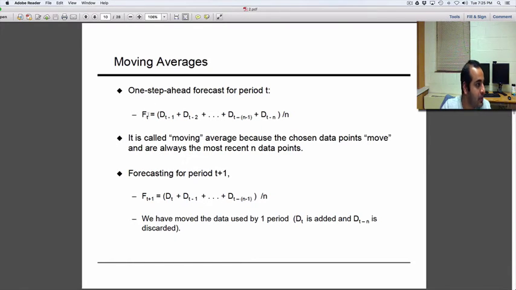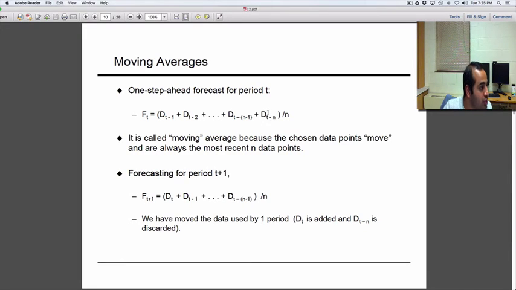We saw that here. At time t, you're going to make a forecast, so you're going to use d t minus 1, t minus 2, all the way through t minus n. You used n data points and made a forecast. Now, at time t plus 1, you want to make a forecast for t plus 1.